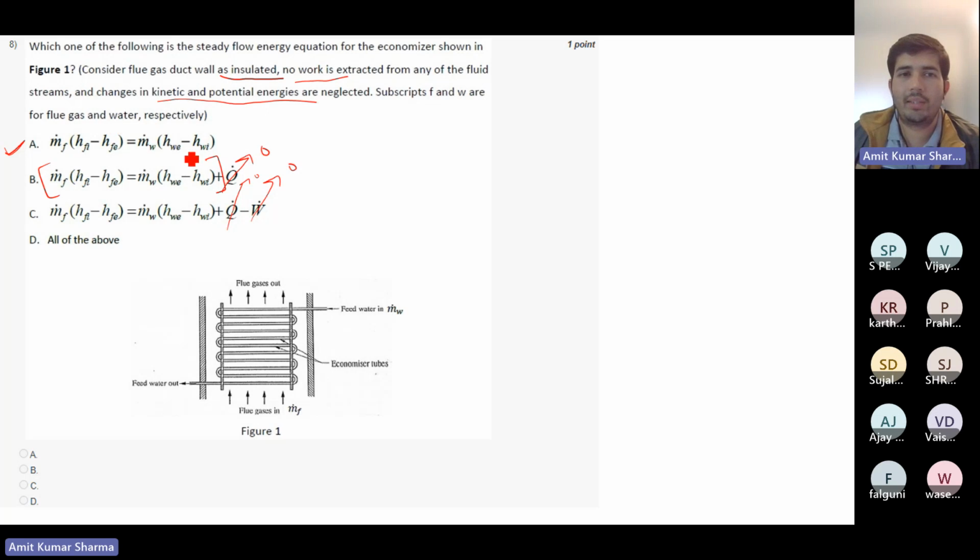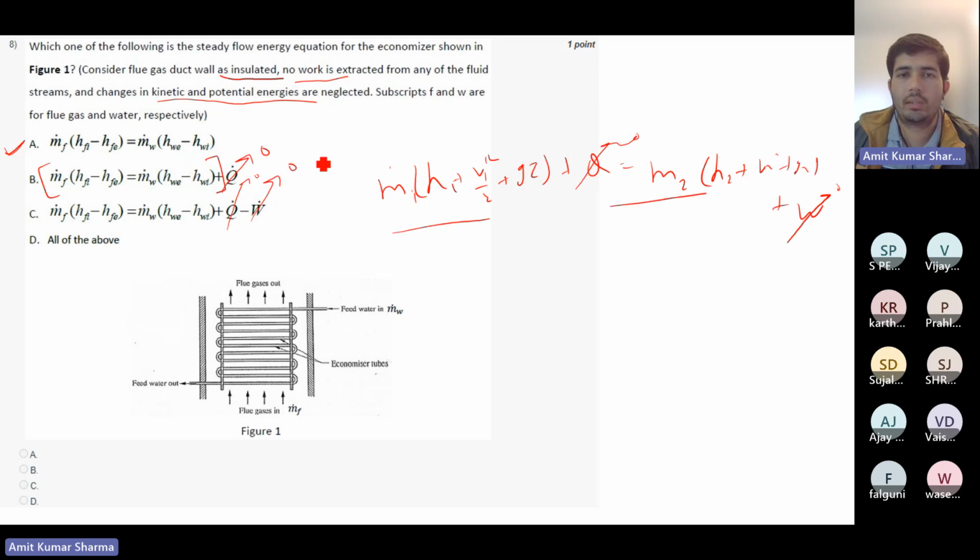So the basic equation is like this: m1 (h1 + V1 square by 2 + gz1) + Q equals m2 (h2 + V2 square by 2 + gz2) + W. So W is 0, Q is 0. In detail, you can see the class notes. I think it's clear. So the correct option will be option A.